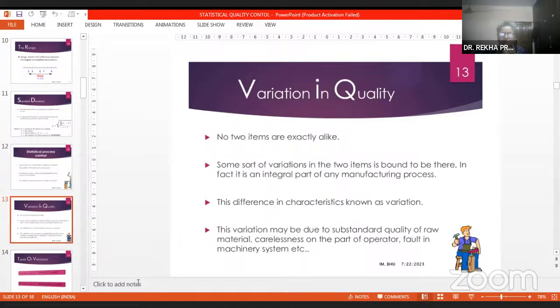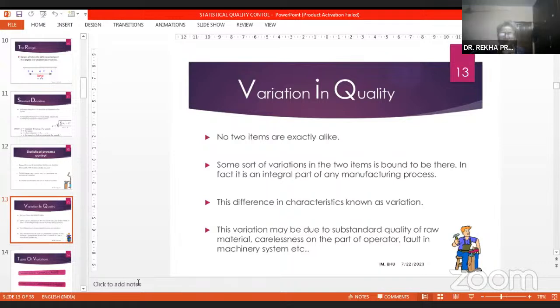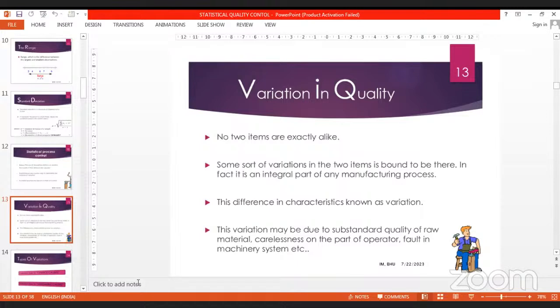Yes, continue. Variation in quality. No two items are exactly alike. Some sort of variation in the two items is bound to be there. In fact, it is an integral part of any manufacturing process. The difference in the characteristics is known as the variation.